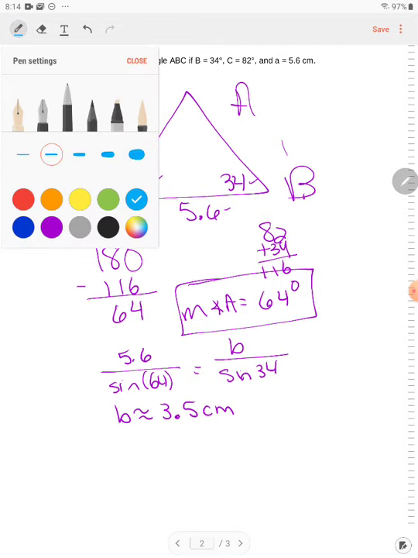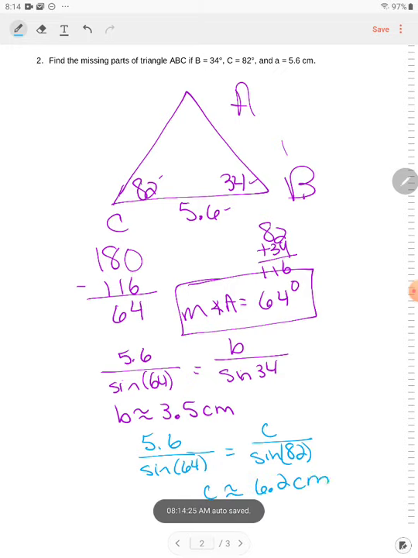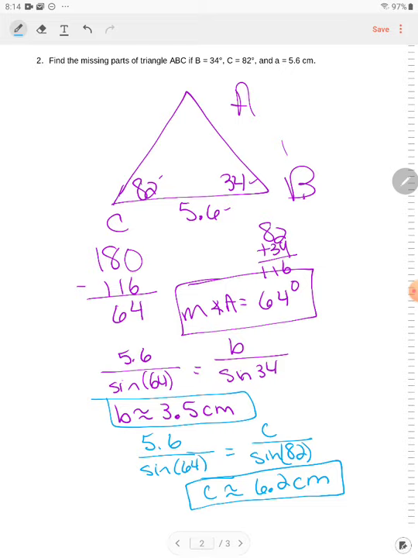Same thing: 5.6 over sine of 64, so side length a over sine of A is equal to c over sine of 82. Solving, c is approximately 6.2 centimeters. Make sure you check the number of significant figures and remember your units.